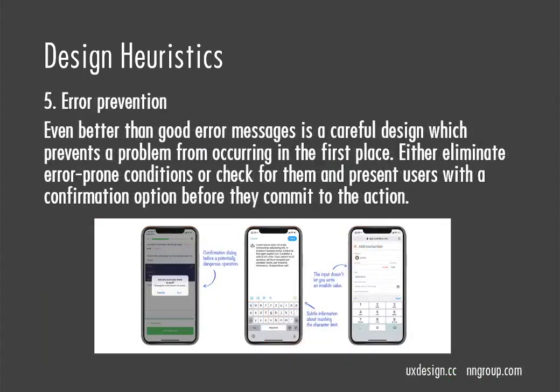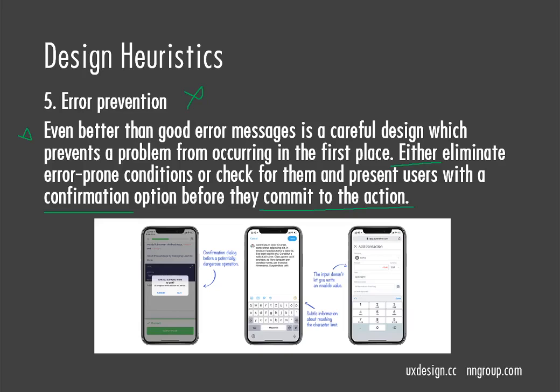Okay, fifth one, error prevention. Even better than a good error message is a careful design, which prevents a problem from occurring in the first place. Either eliminate error-prone conditions or check for them and present users with a confirmation option before they commit to the action.